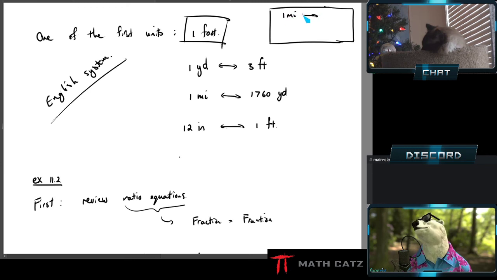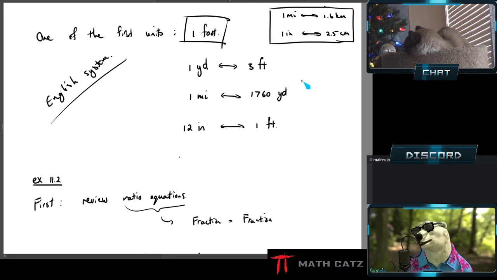1 mile corresponds to 1.6 kilometers. 1 inch is going to correspond to 2.5 centimeters. Now, to those of you that may exist, this is not necessarily precise. I think in reality it's 2.54 centimeters.